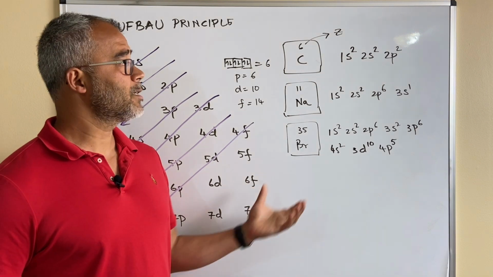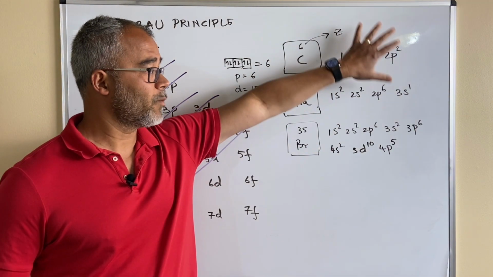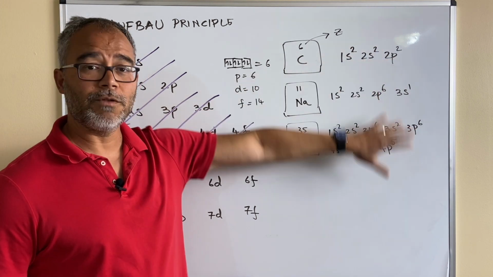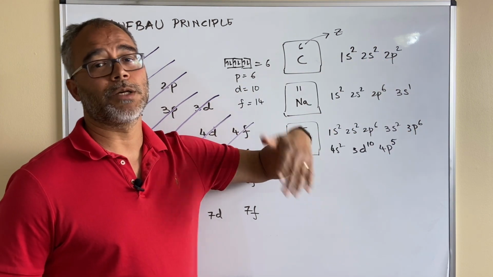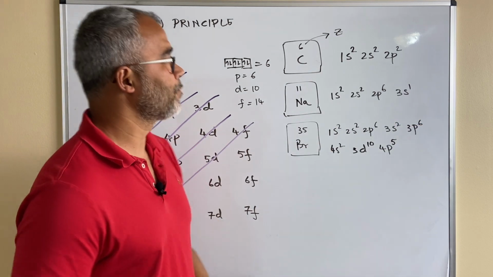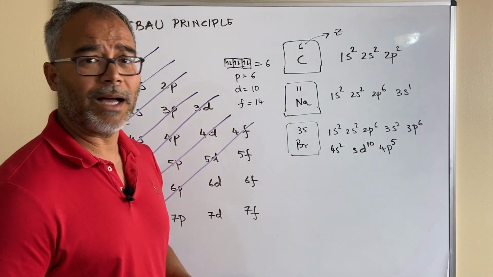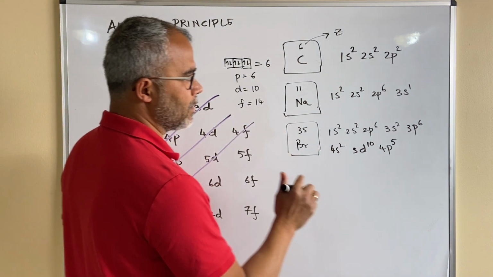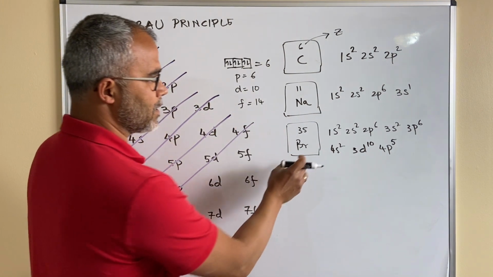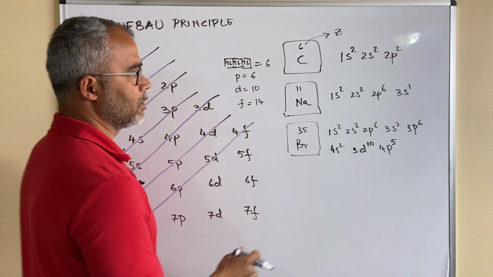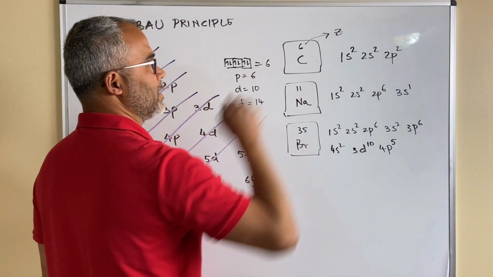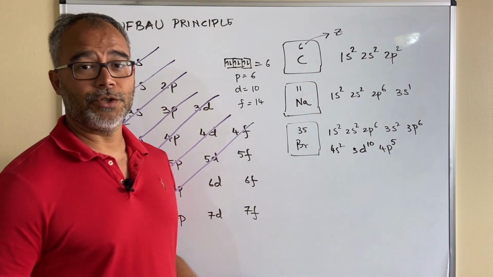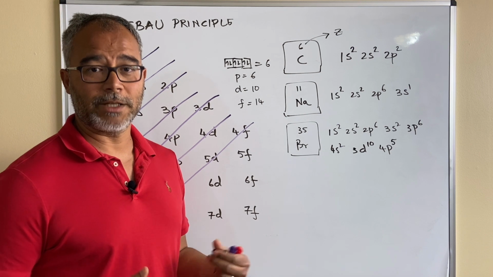So it's important to understand which of these electrons, now that we have the electron configuration, are involved in bonding and which are not. To figure that out, we have to understand where these elements are in the periodic table. If we take carbon, for example, I encourage you to pause the video, grab a periodic table and take a look at it.